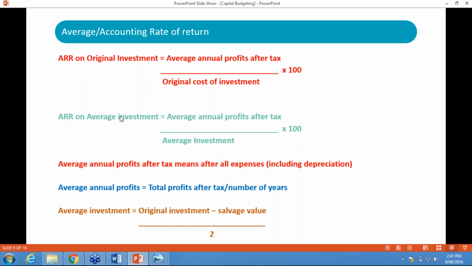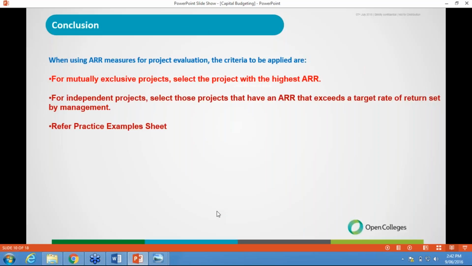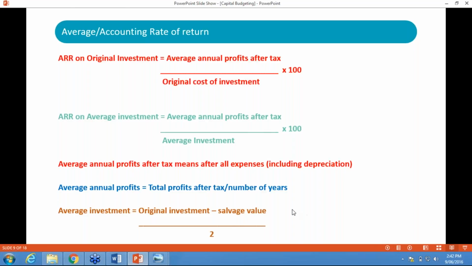ARR on average investment. Instead of original, everything is the same. Here I have used average investment. Now, what does average investment mean? Average investment means original investment plus salvage value, divided by 2. Sorry, I wrote minus earlier, but it should be plus, I need to change this.